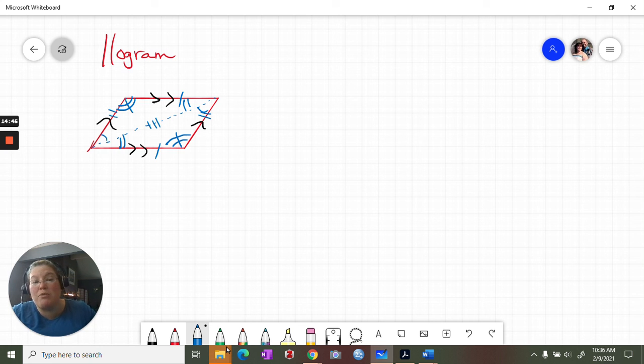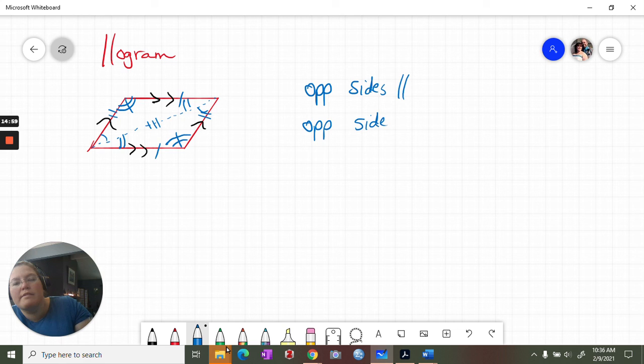That's the definition of congruence. So opposite sides parallel, opposite sides congruent, because that follows from being able to divide my parallelogram into two congruent triangles.